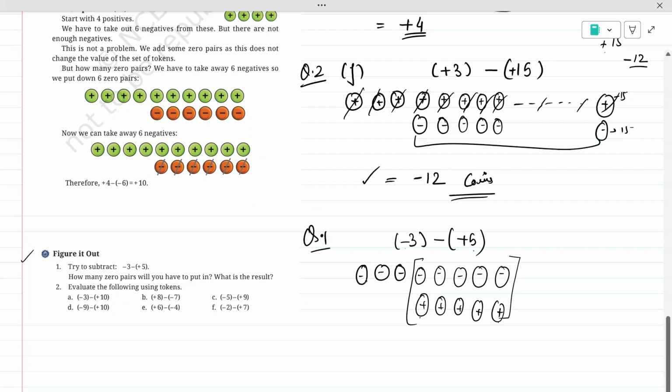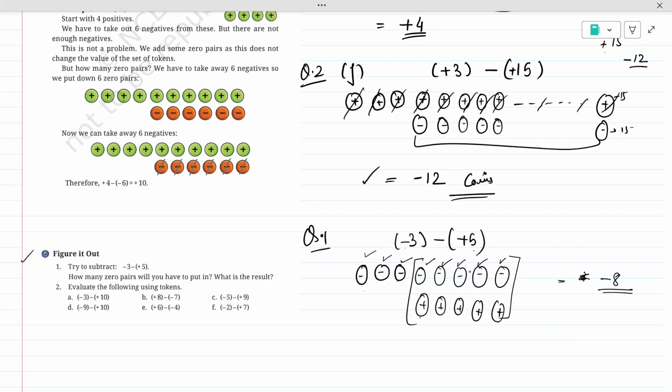We were provided with minus 3 coins, and from this we have to subtract plus 5 coins. We do not have plus 5 coins, so we are adding the 5 zero pairs like here we have done. So now when we are doing like this, what we'll have is, from this minus 3, we are subtracting this, we have 1, 2, 3, 4, 5, 6, 7 and 8. So we will have 8 minus coins here.